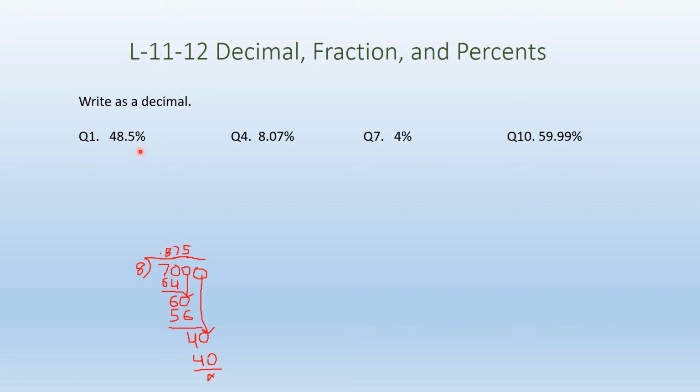To convert into the decimal, just shift the decimal point 2 places to the left, because 48.5% is 48.5 divided by 100. That is the meaning of percent. What is the answer? Just shift the decimal point 2 places. 0.485. It is very easy.